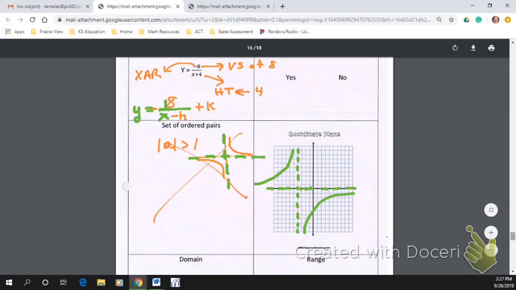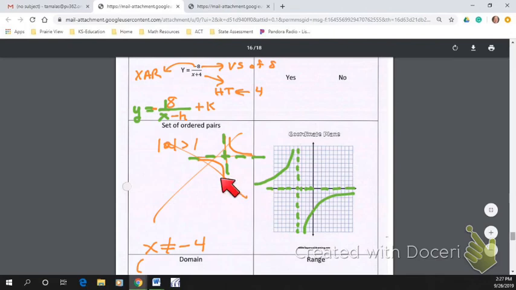But we do need to do domain and range. So when you scan this thing, it does go forever left and forever right, but there's this little hole in the middle. When you look at -4, there is no point on this curve that has an X value of -4. So that means that X can't be -4. So if it can't be -4, how do I write that in interval notation?